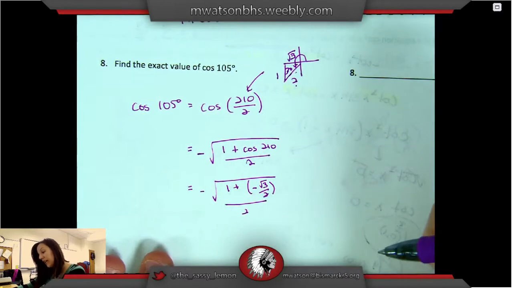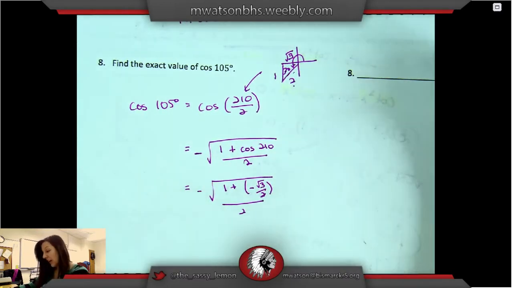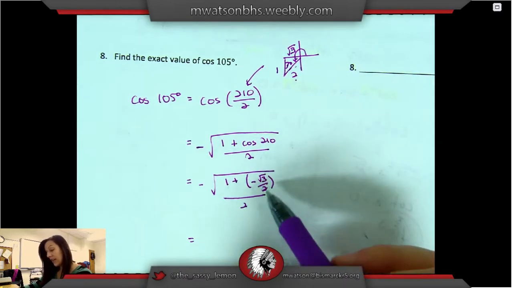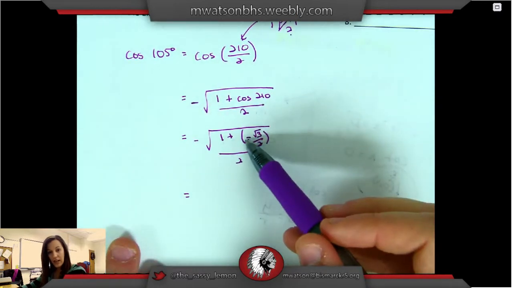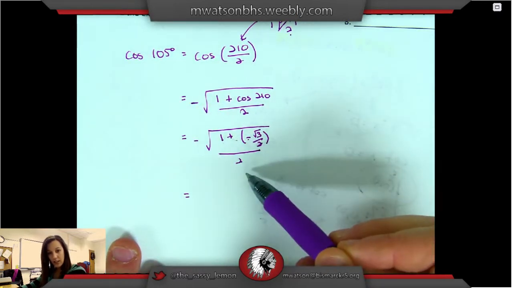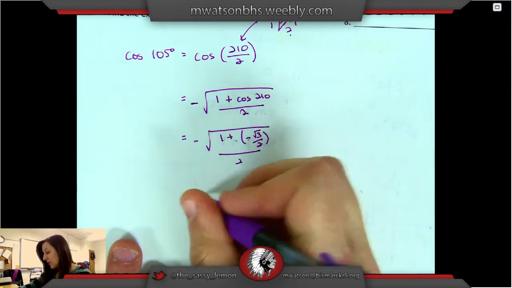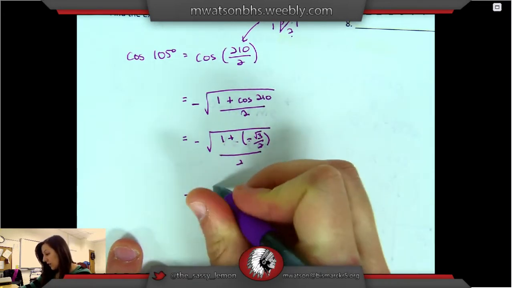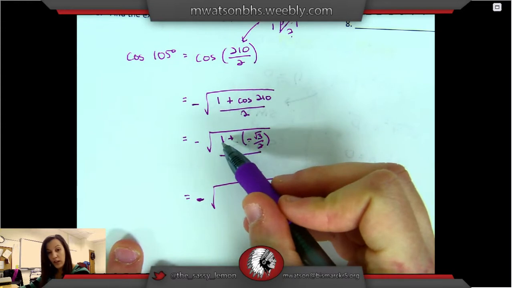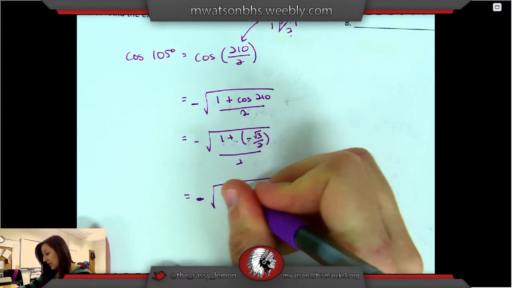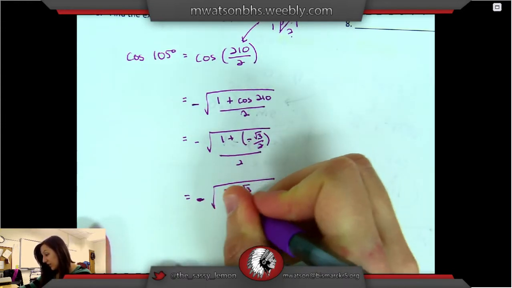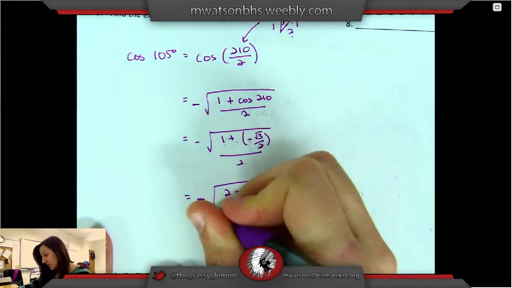And at this point, we've just got a mess. Okay, so we need to analyze this and see that we've got a fraction within a fraction. So we need to combine the numerators so we can do stay switch switch. So we're going to turn this 1 into a 2 over 2. We'll have 2 minus the square root of 3 all over 2 divided by 2.